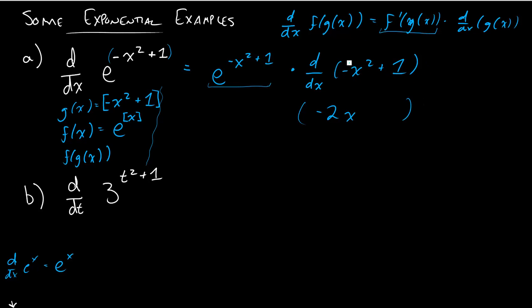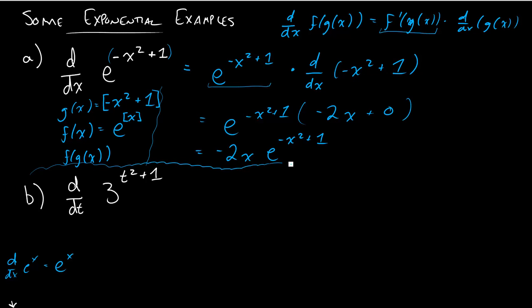So the derivative of negative x squared plus 1 is really just negative 2x plus 0. And so if I want to simplify this, that 0 goes away and I end up with negative 2x e to the negative x squared plus 1 as my derivative.